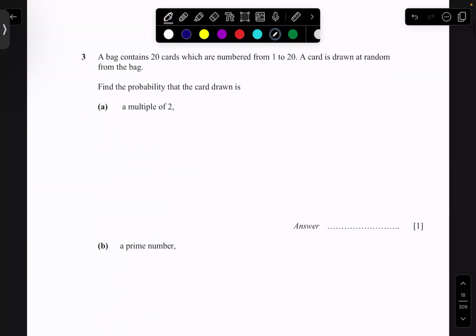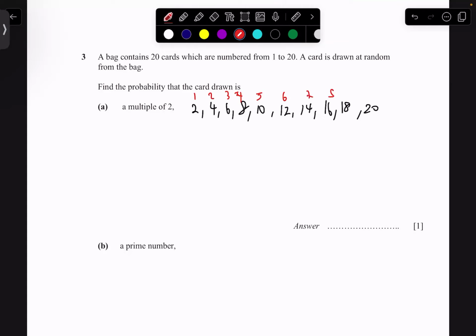Question 3, probability. A bag contains 20 cards which are numbered from 1 to 20. A card is drawn at random. Find the probability that the card drawn is a multiple of 2. So from 1 to 20, the multiples are 2, 4, 6, 8, 10, 12, 14, 16, 18, 20. If you count the numbers, we have 10.